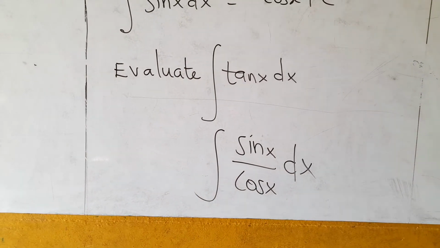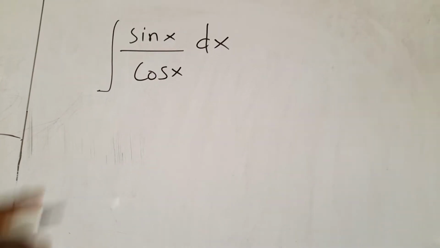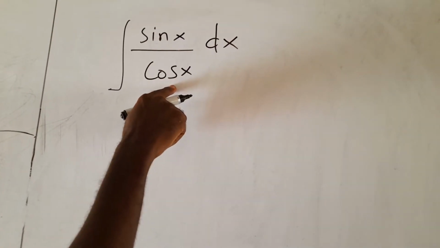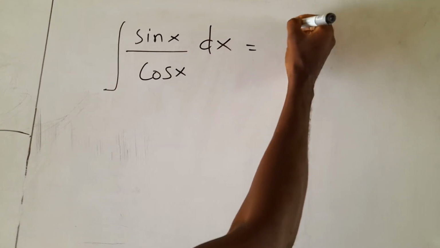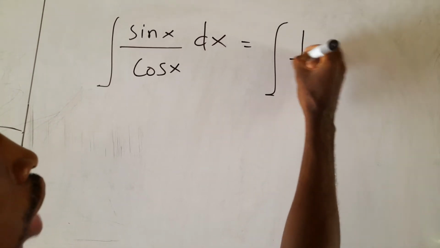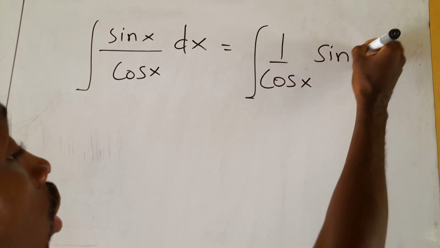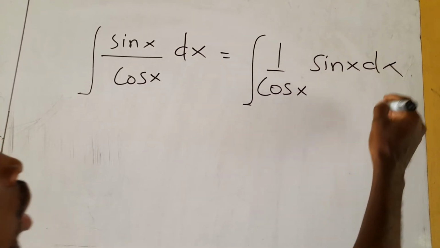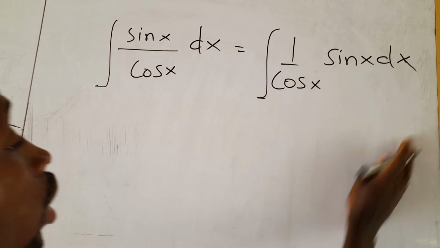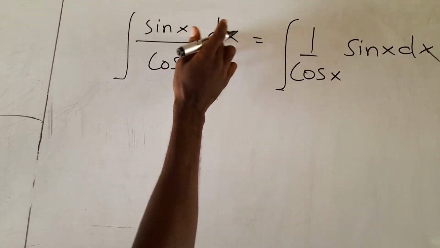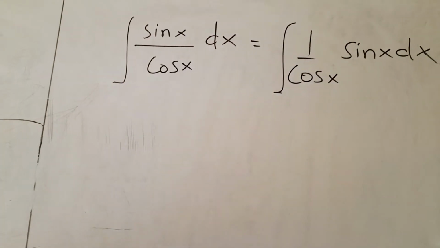So I can rewrite this function as the integral of 1 over cos x times sin x dx. I hope you get that. I just brought this here; if you multiply, you get this back again.